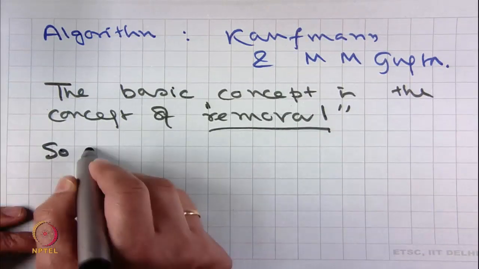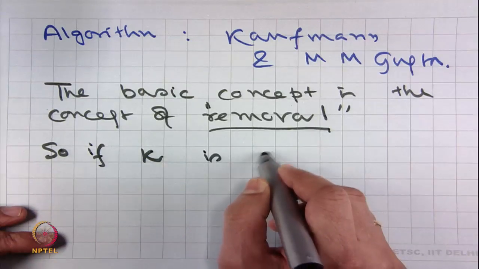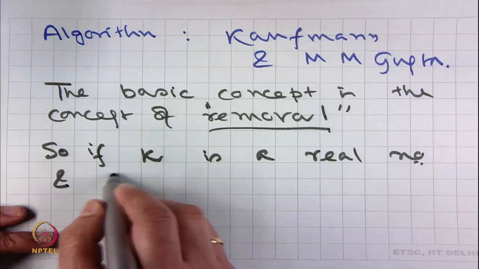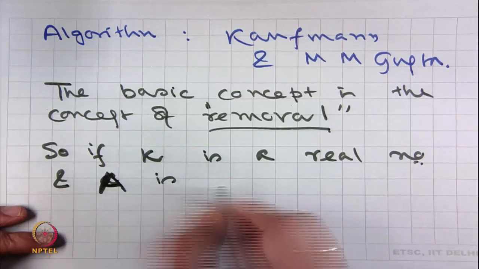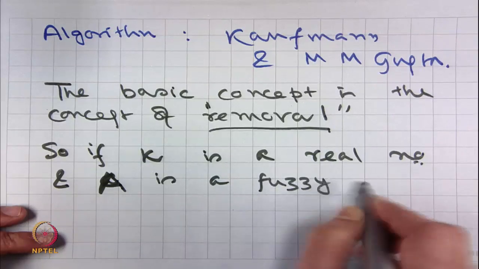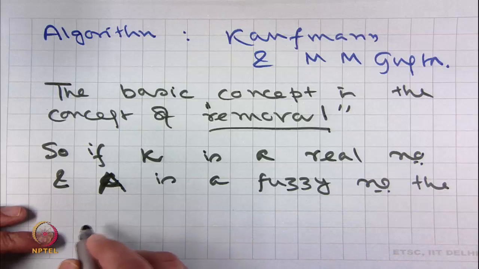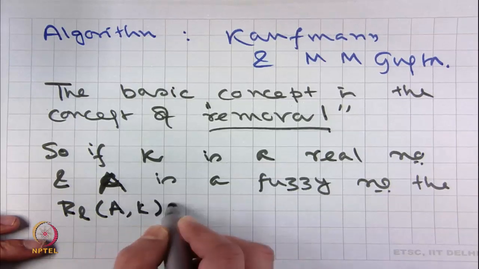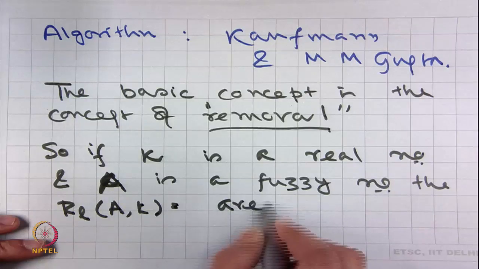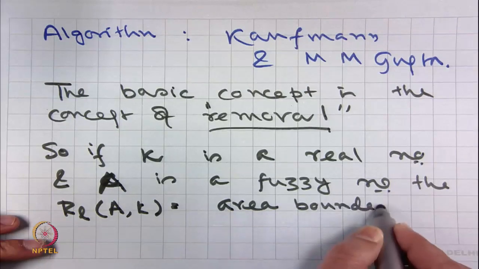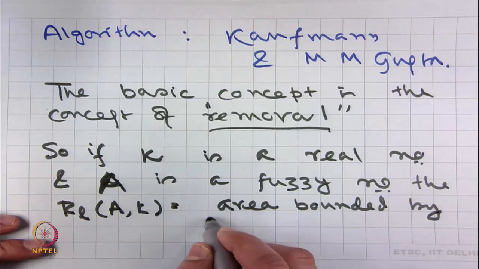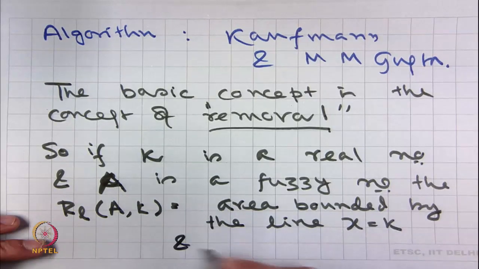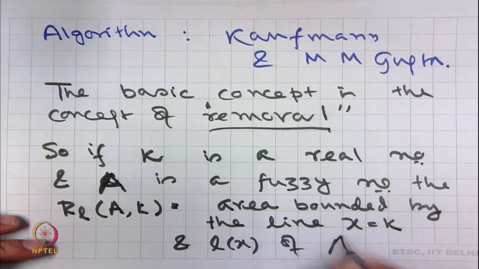So, if k is a real number and a is a fuzzy number, then the removal on the left hand side of a and k is the area bounded by the line x is equal to k and Lx of a.